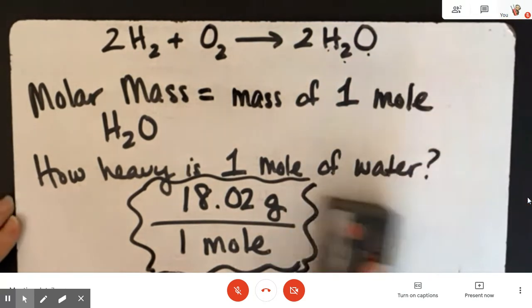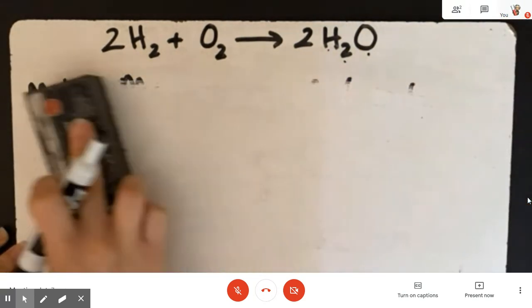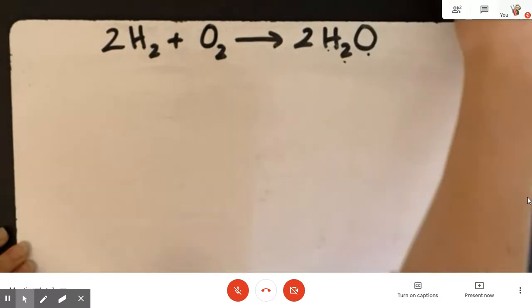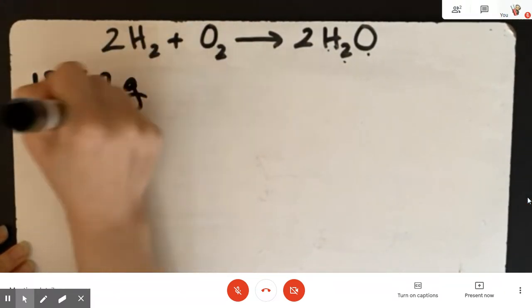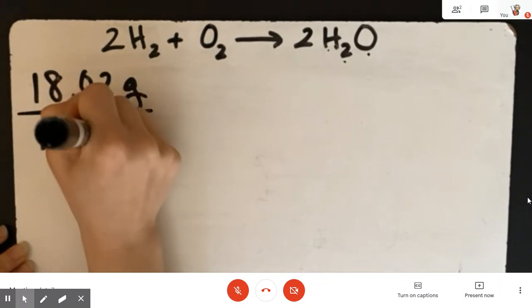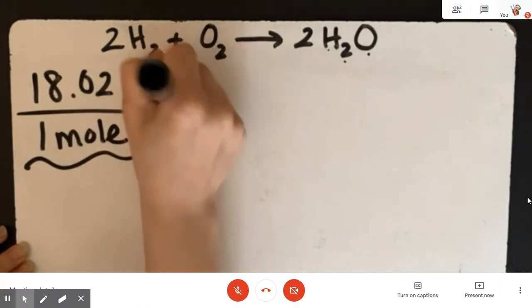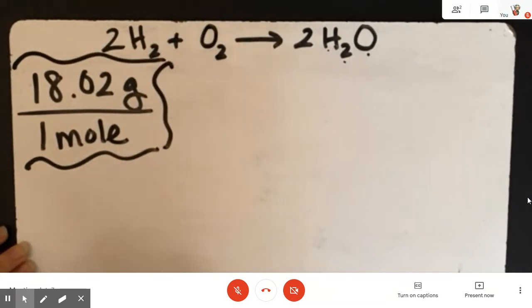So, for example, if the molar mass of water is 18.02 grams in every 1 mole, that's our molar mass for water, then we can answer questions like, how many grams are in 3 moles of water?